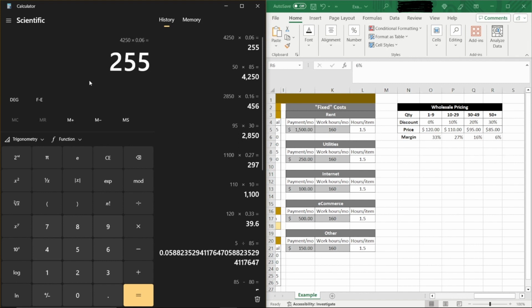Well, here's what you got to think about. If someone is only ordering 10 at a time, they're not moving a lot of volume. That means it's probably going to be a while before they reorder because they're not confident. They don't have the capital, whatever the reason is. They're not going to be moving those 10 items very quickly, which means they might order from you again in 3 to 4 months.